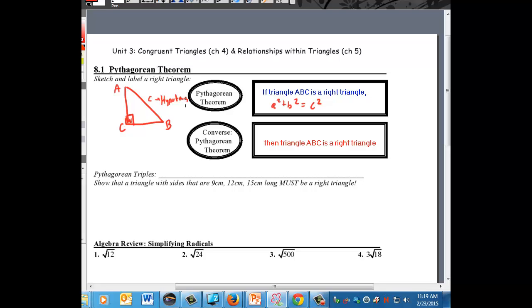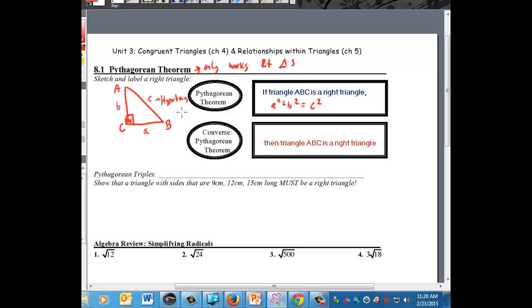And then let's put lowercase a for the side opposite angle A and lowercase b for the side opposite angle B. So we see that if we take this length a, square it, and then this length b, square it, it has to equal c squared. And that's true on all right triangles. So this only works on right triangles. If it's not a right triangle, it will not work.